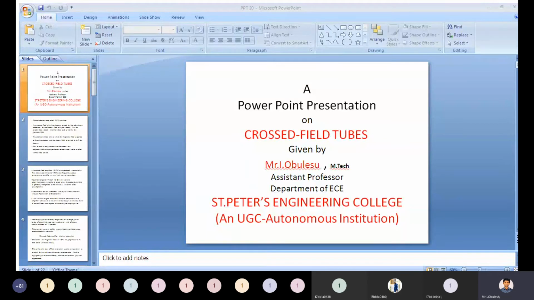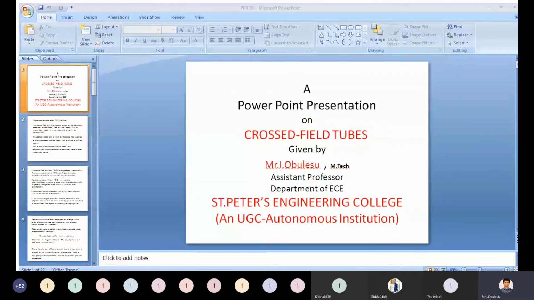In this case, the electrons flow in a curved path between the cathode and anode.